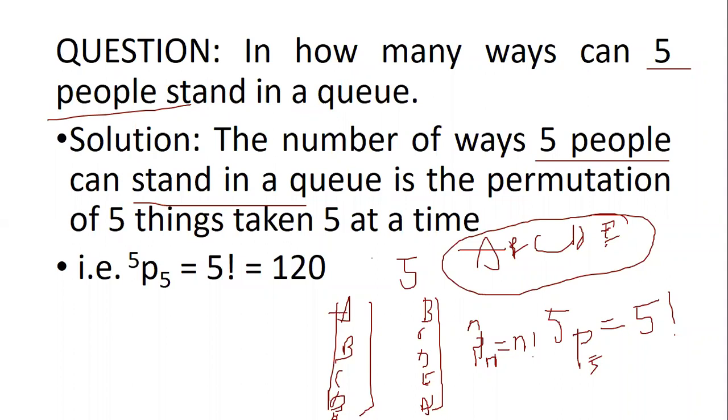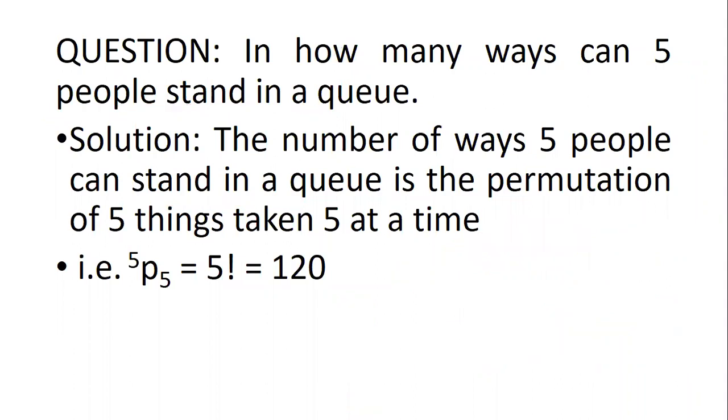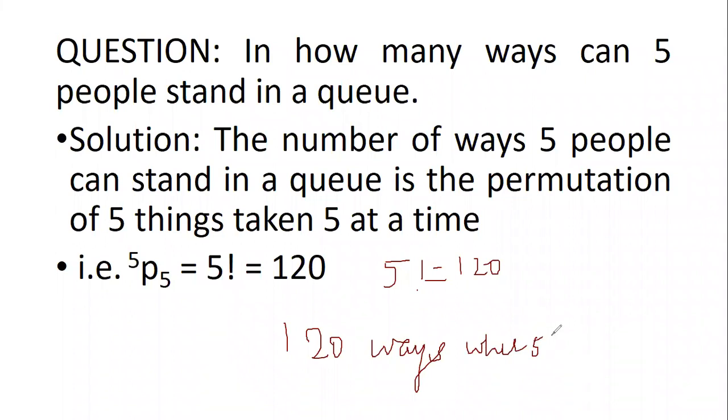Now can you find out the value of 5 factorial? 120. So 5 factorial is nothing but 120. So there are 120 ways where 5 people can stand in a queue.